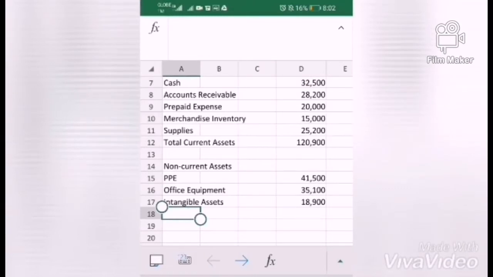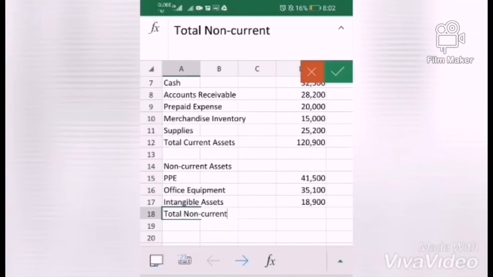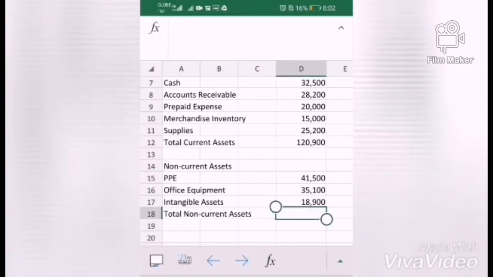And if you add them, it will give you a total non-current assets of 95,500.